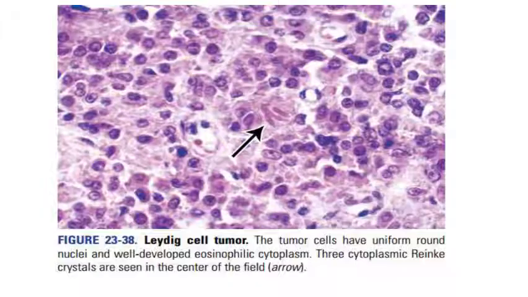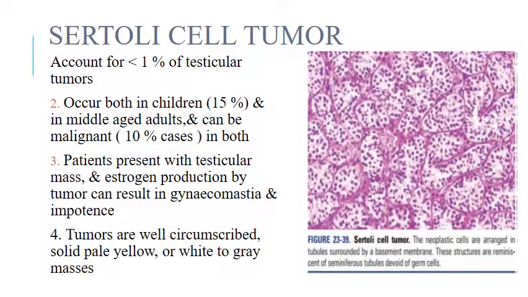Coming to another rarest form of non-germ cell tumor or sex cord stromal tumor, Sertoli cell tumor, which accounts for less than 1% of testicular tumors. It also occurs both in children and adults, usually presents as a testicular mass, and males present with gynecomastia and impotency.